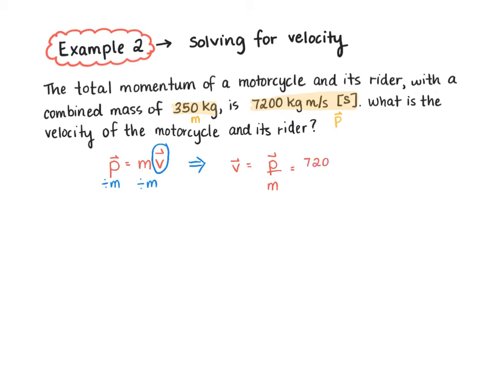So 7,200 kilogram meters per second south divided by 350 kilograms. And we get a velocity of 20.6 meters per second south.